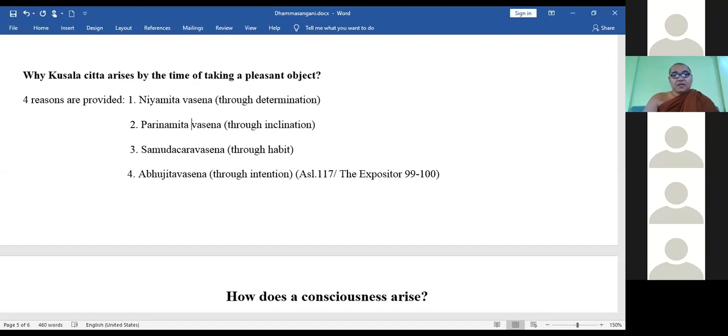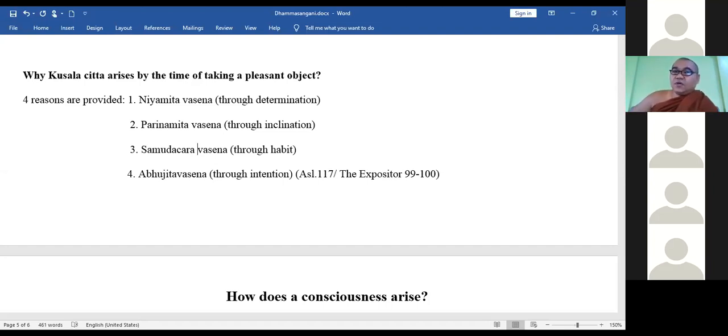Then number three is samudacara vasena. Samudacara means a kind of habit. Through habit, we have to make a good habit of paying homage to the Buddha, the Triple Gem, offering flowers and scented sticks to the Buddha, and drinking water, and so on. Also giving service to elderly persons.